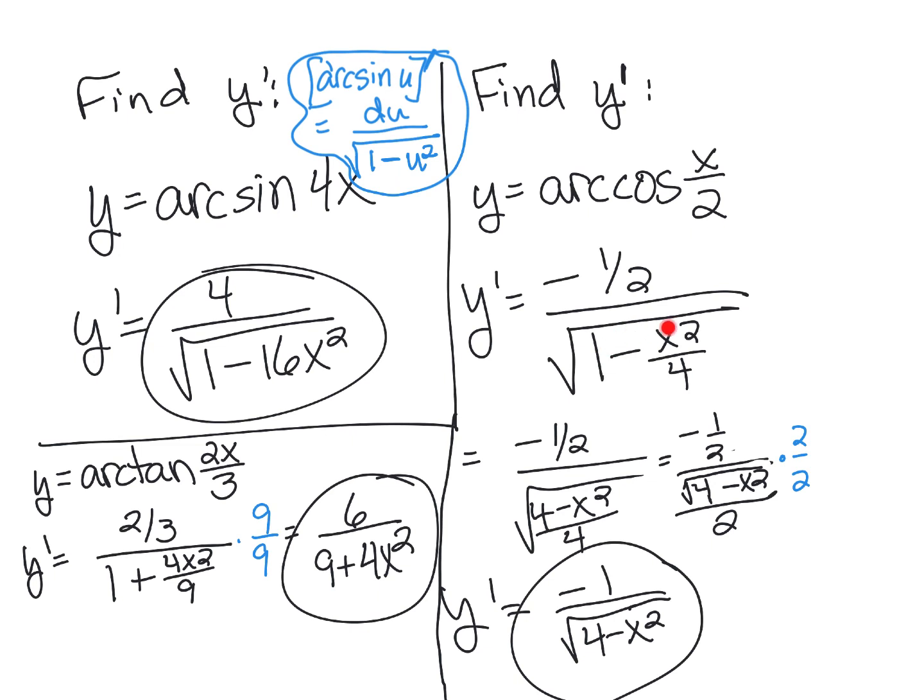So I'm going to get a common denominator here. That gives me 4 minus x squared all over 4. Well, that's the square root of the top over the square root of the bottom, which is a 2. Now I can just multiply the top and the bottom by 2, and I get minus 1 over root 4 minus x squared. Pretty cool, huh?